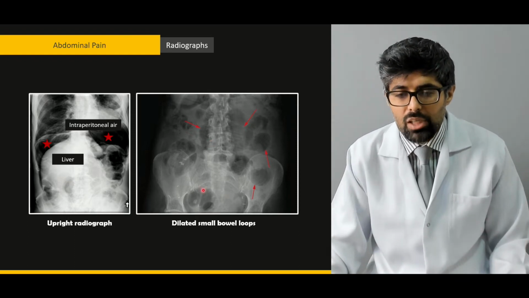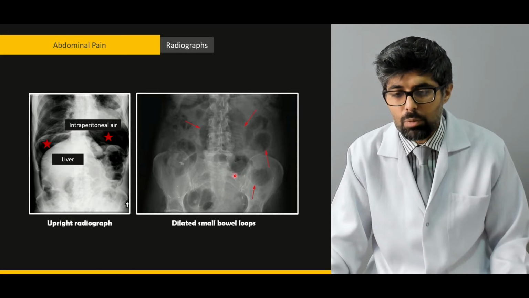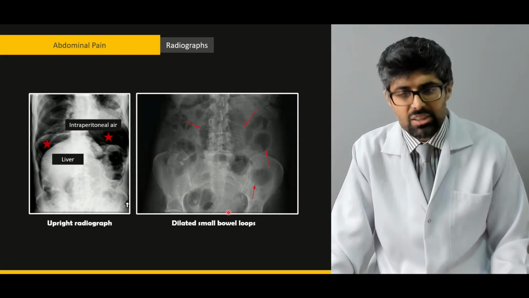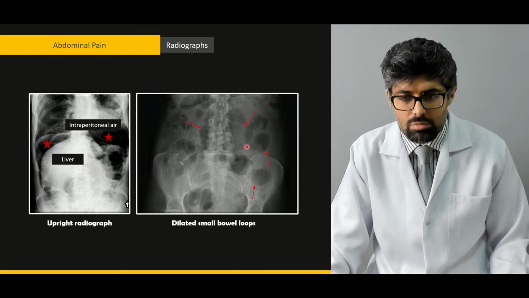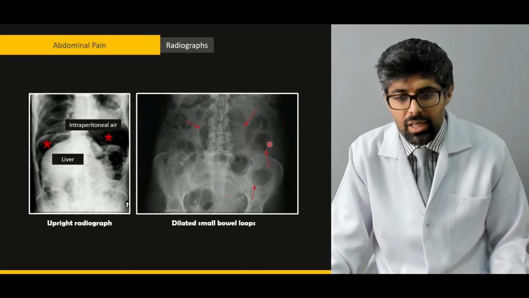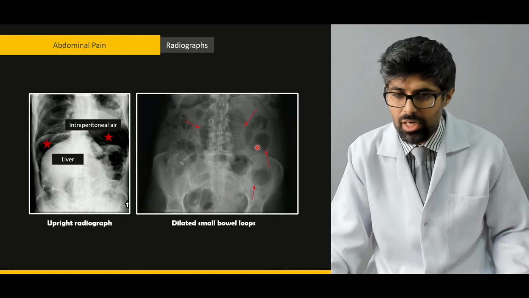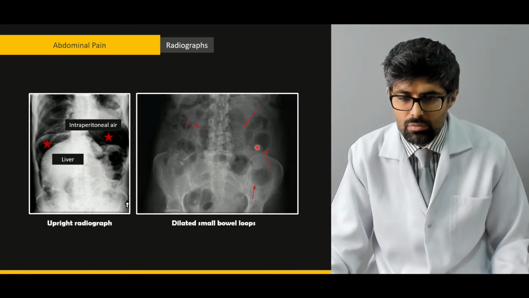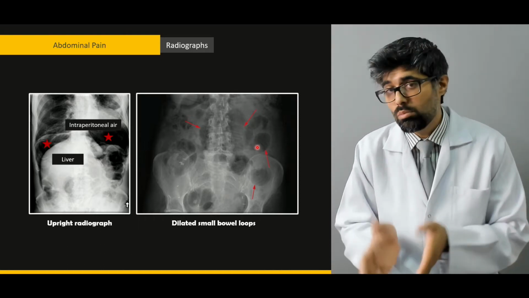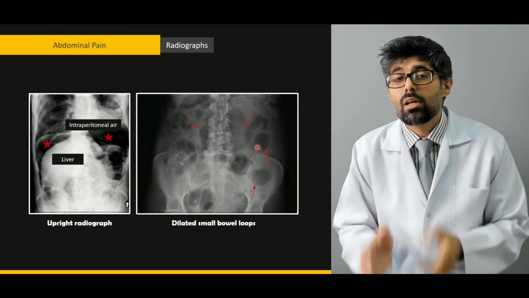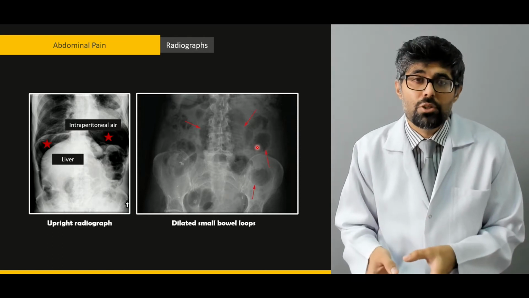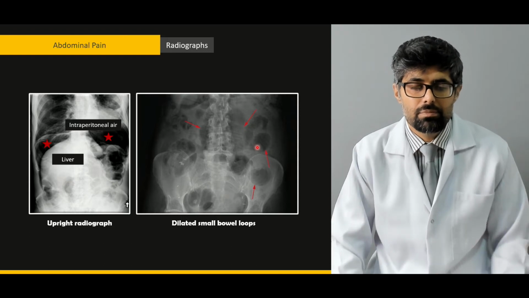Upon the relief of the obstruction, the air escapes, and that ballooning and that appearance of the mass is relieved and vanishes. So dilated small bowel loops can also give an impression of a mass.